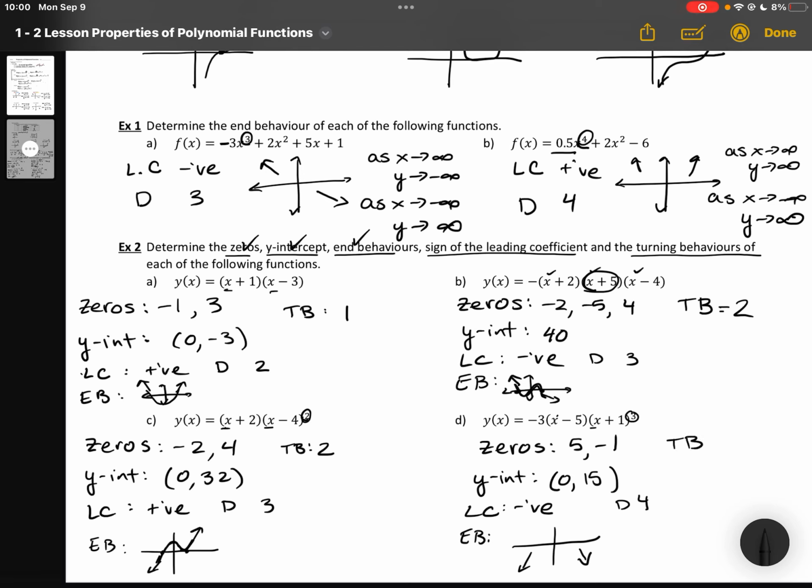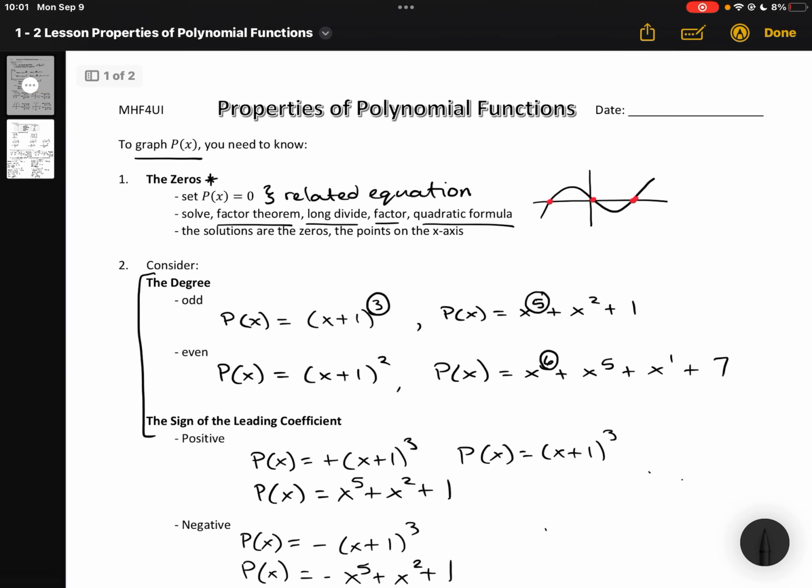And the very last example here, I've got degree 4, one of my roots is multiplicity 3. So let's see, on the right, my fifth root has multiplicity 1. So I'm going to go through the x-axis. And then in my second root, I'm going to come through the x-axis, but it's going to be more like a cubic. So I really only have 2 turning points here. And that's a summary of the properties of polynomial functions.